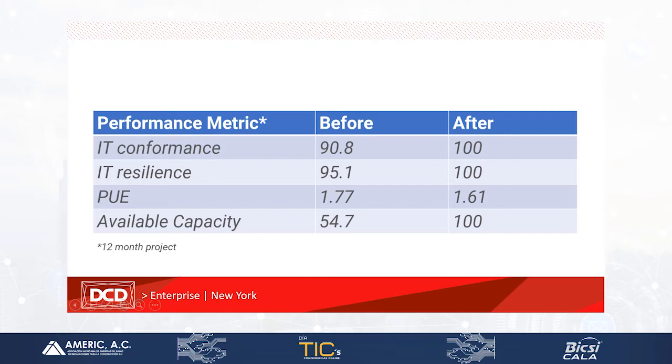They decreased PUE to their goal of 1.61, and they were able to free up all of the capacity in the room because the air that was being used was not wasted. There was very little waste of air, and all of the rest of the air that was available could be used to cool equipment that would come in the future.